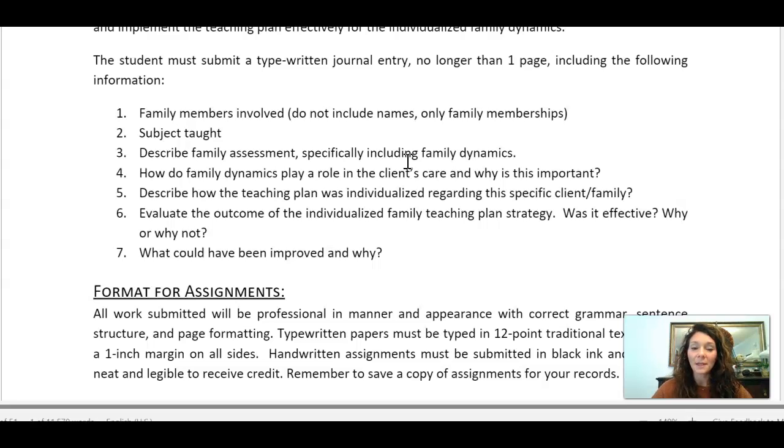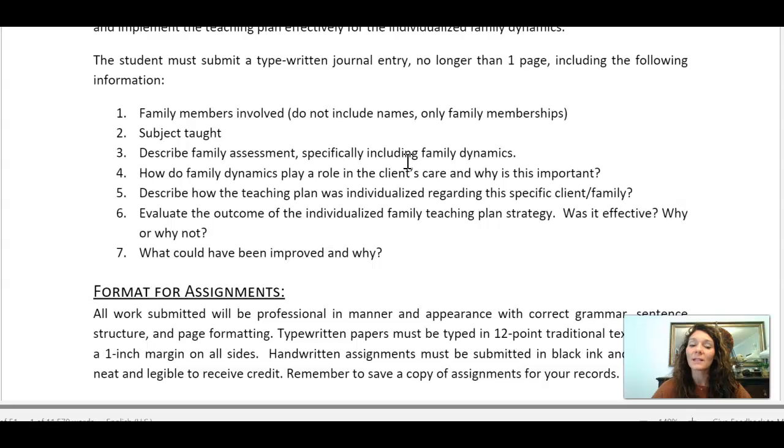How do those dynamics play a role in the client's care and why is that important? Describe how the teaching plan was individualized regarding that specific client and the family. So what did you do to personalize it to their situation and the assessment and the dynamics that you observed?